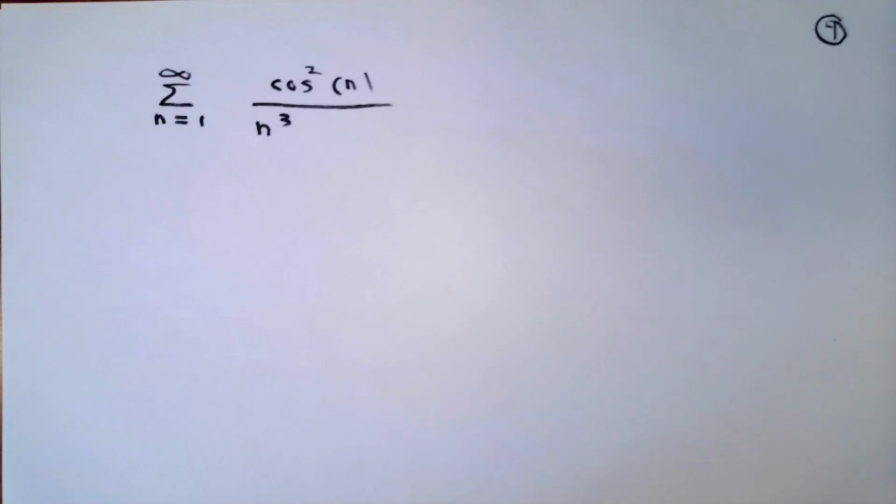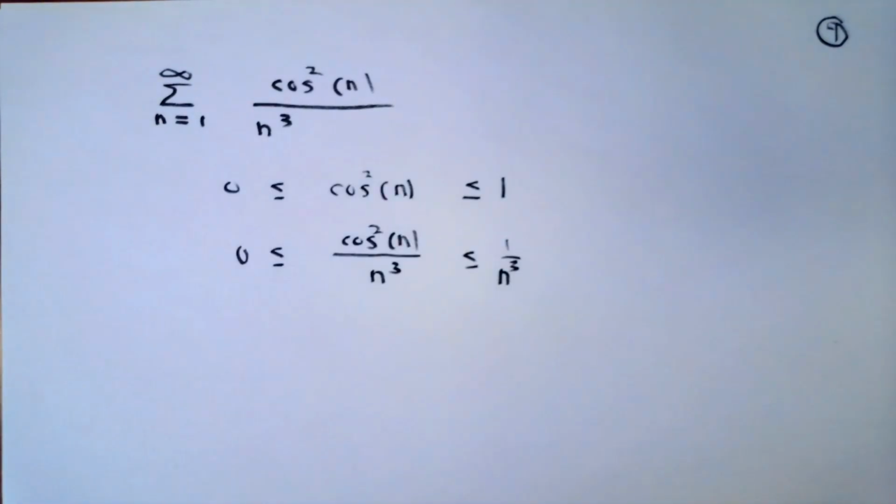Cosine squared n can't be negative. It also can't be larger than 1. I can divide through by the positive number n cubed and find out that cosine squared n over n cubed is between 0 and 1 over n cubed.